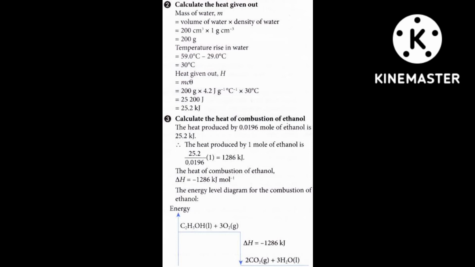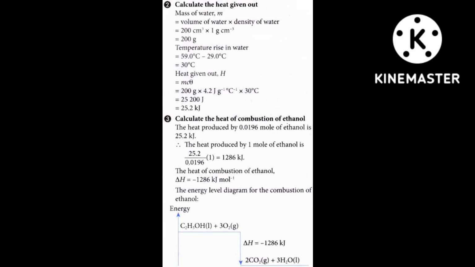Then after balancing: already I have told you about combustion reactions, that was butane C4H10, which required 13 by 2, 6.5 O2.